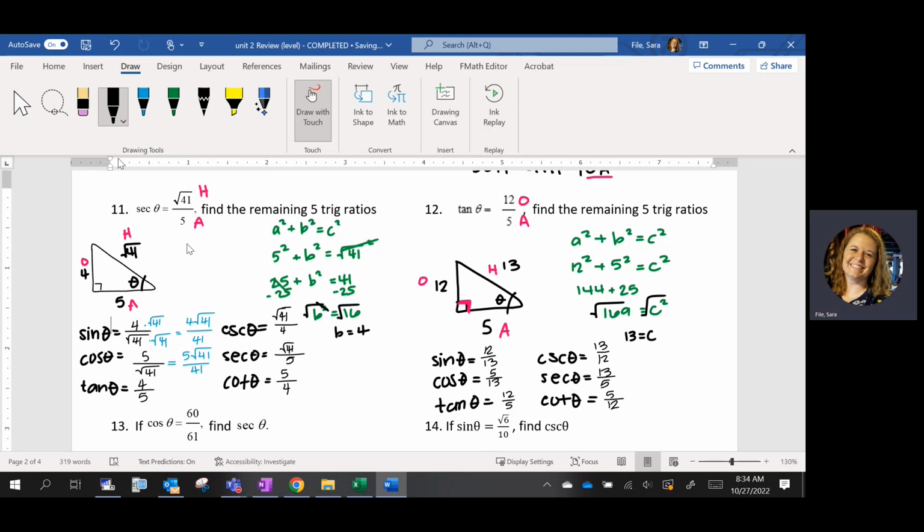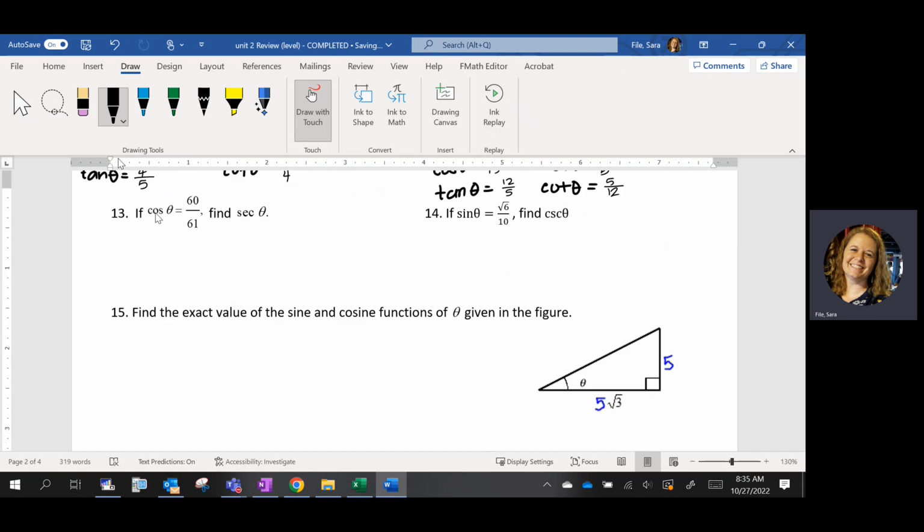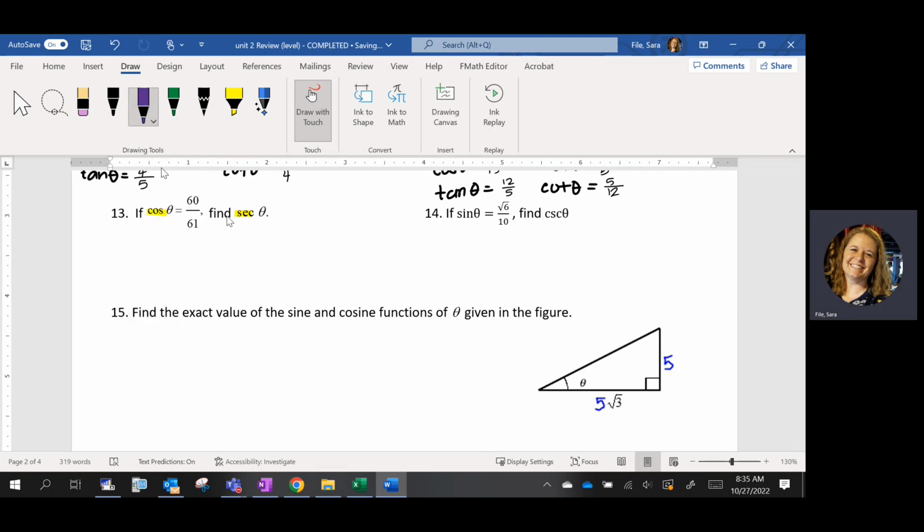Now while we're here, I'll go ahead and look at 13 and 14 because they are similar questions. They give you one trig function and ask for another, but what do you notice about the one that they're giving you and the one that they're asking for? Is there a relationship between cosine and secant? What's the relationship? Those are reciprocals. So if it's a reciprocal function, I don't have to find the third side of the triangle.